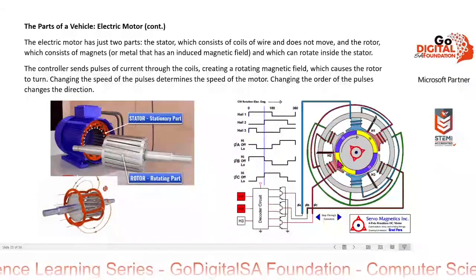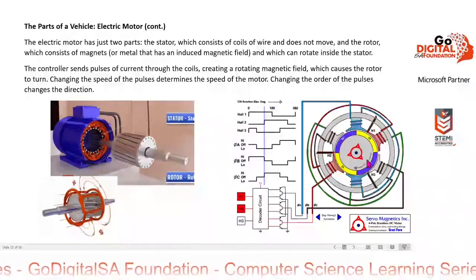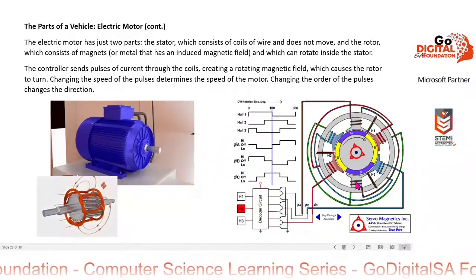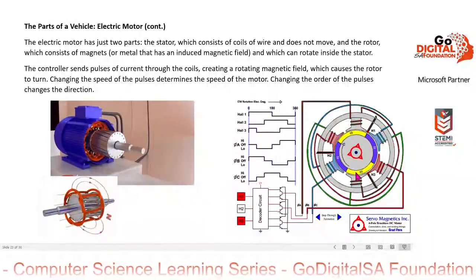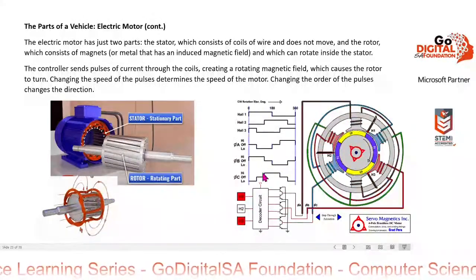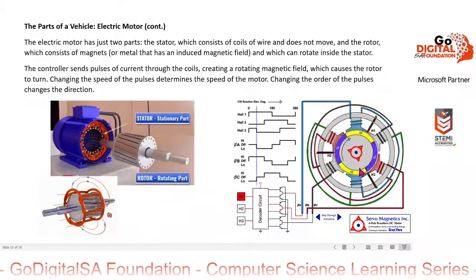So now the north is here, the south is there. Then this coil and this coil. So it turns again. So the north is here, south is there. And then we run the current backwards through these two coils. So now the north points this way and the south that way, and so on. So by continuously pulsing these coils, it causes the rotor to turn.